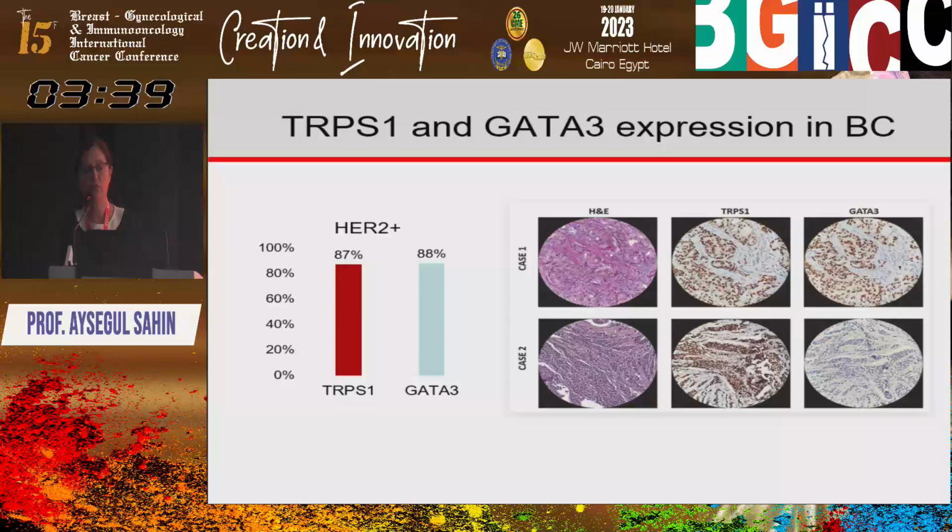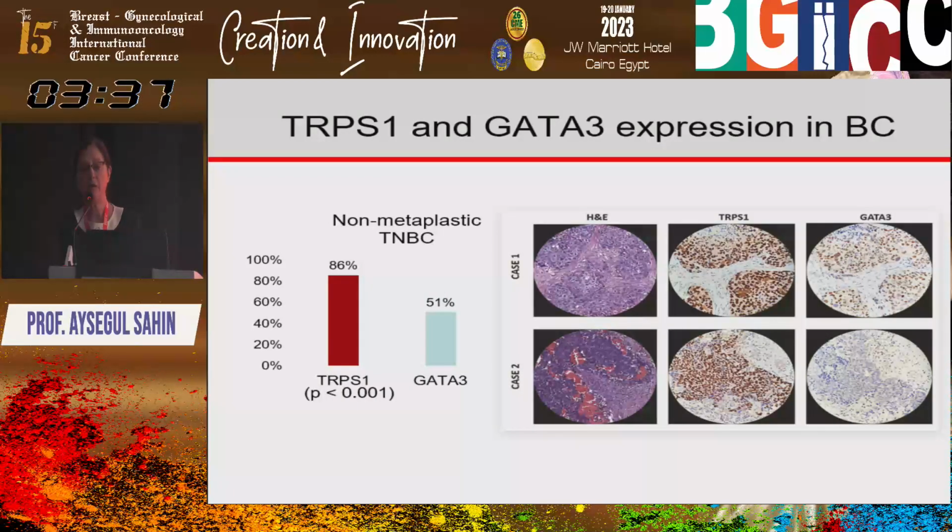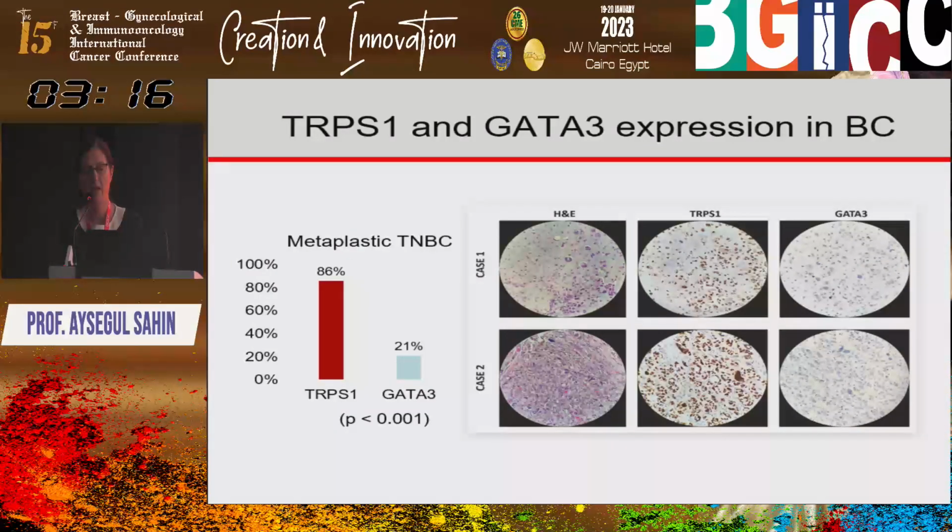And similarly for HER2 positive tumors. But when you look at triple negative breast carcinoma, that is where the importance of TRPS1 comes in. 88% of our tumors, in our initial study and our subsequent studies, are positive, and GATA3 is positive in only 50%. And this is for metaplastic triple negative breast carcinoma.